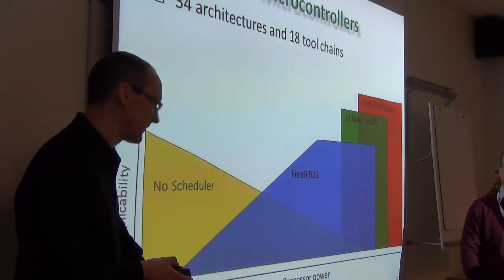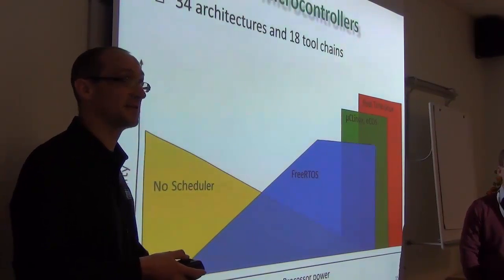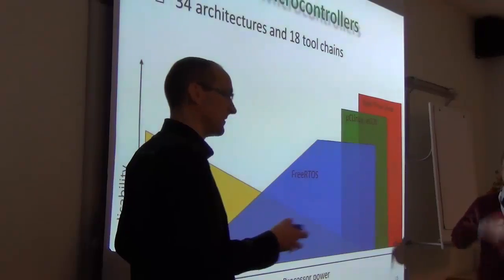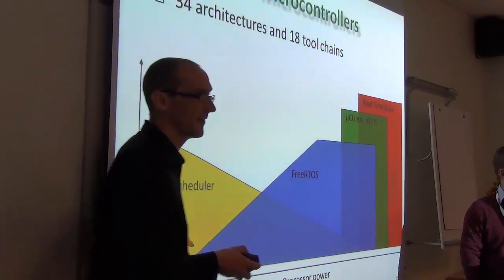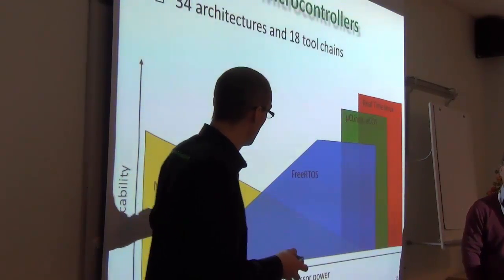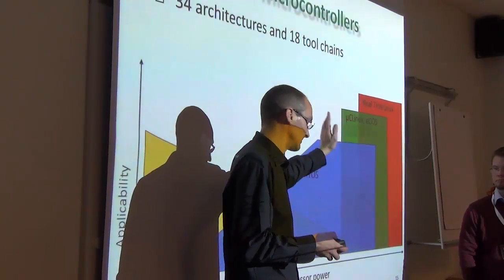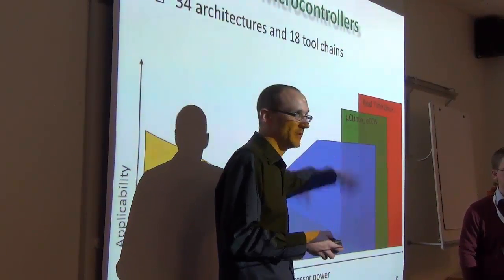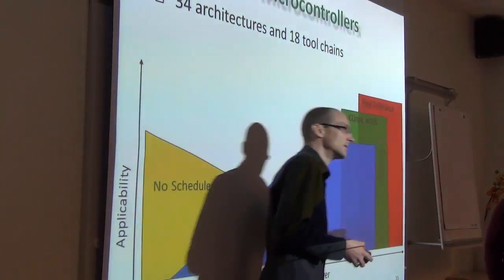If you've got a very small processor, you're not going to be writing complex applications, and also you're not going to have that much flash or RAM available, so you're very rarely, if ever, going to use a preemptive scheduler anyway. At that end, you've got Windows and Linux and Green Hills products and Wind River products and that sort of thing. And FreeRTOS really fits in the middle section.